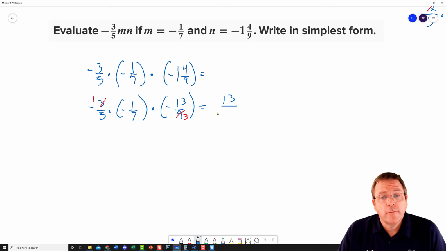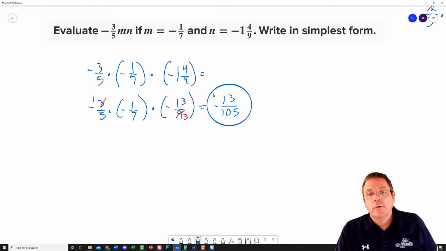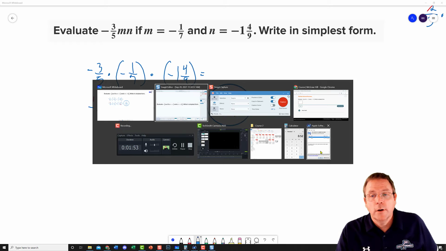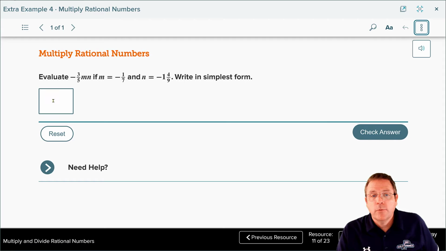And then 35 times 3, that's going to be 105, I believe. Yep. And then a negative times a negative is a positive, and a positive times a negative is going to be a negative. So my final answer I came up with is a -13/105. That is a proper fraction.